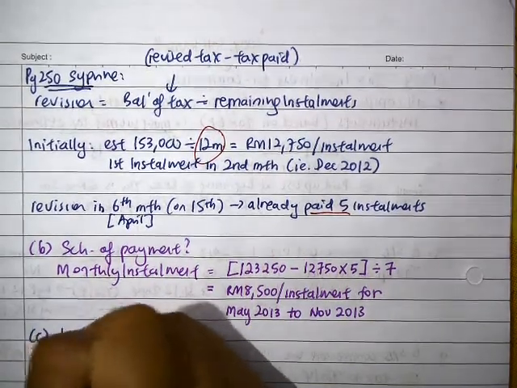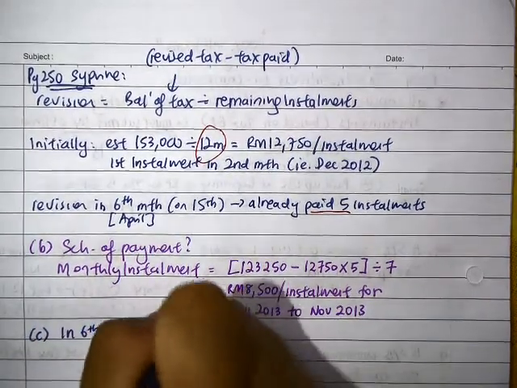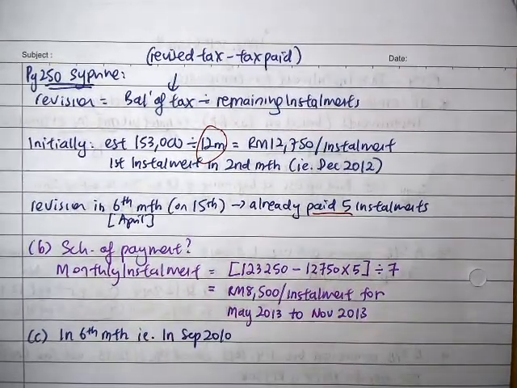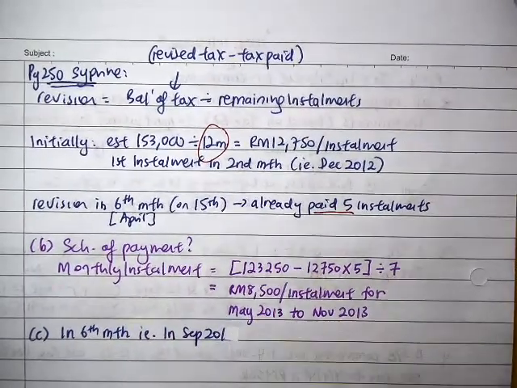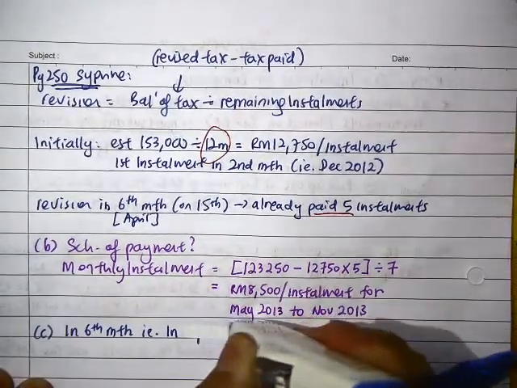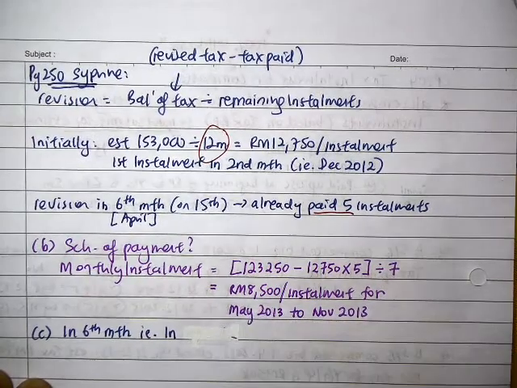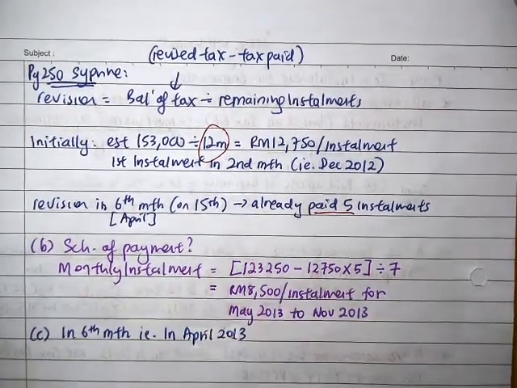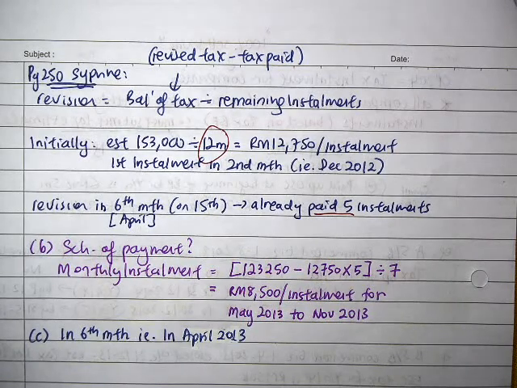In the 6th month, i.e. in April 2013. The 6th month is April. Alright?